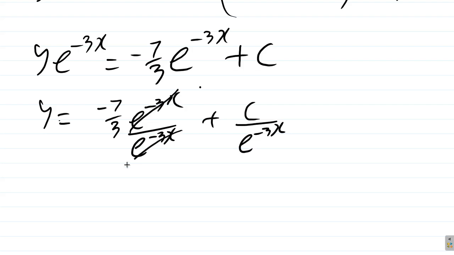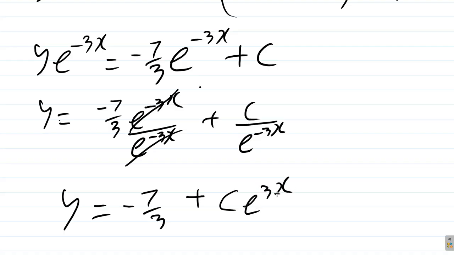This will cancel itself. So y equals negative 7 over 3 plus, and then the same as c e to the 3x, c e to the 3x.